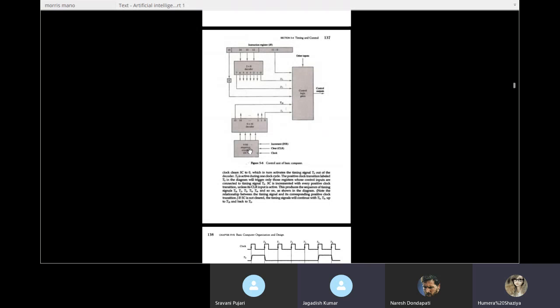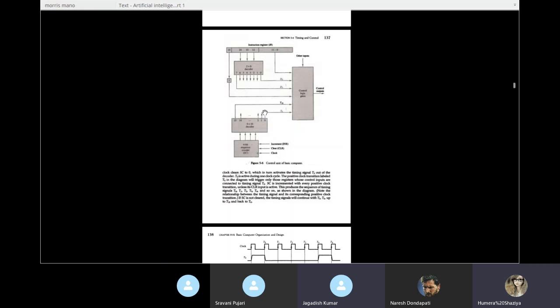Whenever a new instruction has to be executed, a timing signal is generated. This timing signal starts with T0 and ends with T15. So when SC, the sequence counter, generates 0000, then T0 will be activated.